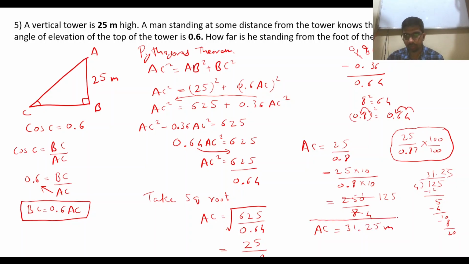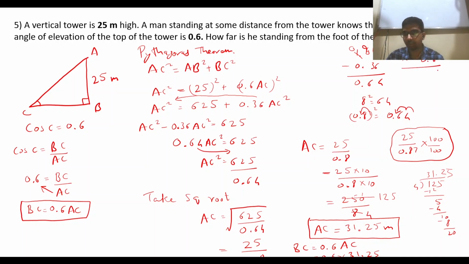What is AC? AC is the hypotenuse. What do we want? Hypotenuse? No, we want BC. BC is how much? 0.6 times AC. BC is 0.6 times AC. 0.6 into 31.25. Let's multiply 31.25 into 0.6.